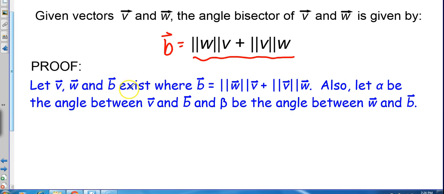So let v and w exist, b exist, and let it equal this expression. And so what we have to do is essentially prove that vector b is the angle bisector, or bisects the angle formed by v and w.